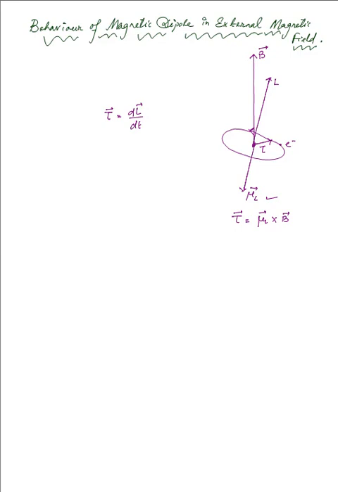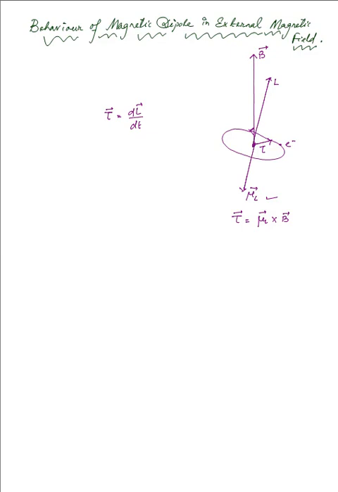Just as in the case of linear momentum, where an external force causes a change in momentum, so a torque acting on any object in angular motion causes a change in its angular momentum. That is Newton's law in angular form. As a result, there will be a change dL, and vectorially the change will act along the direction of the torque.